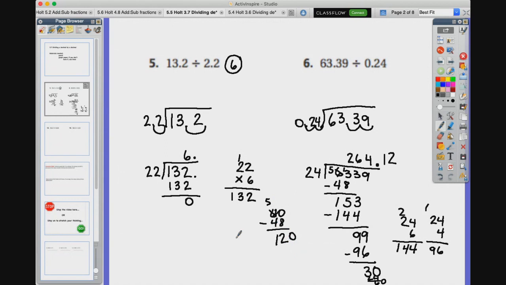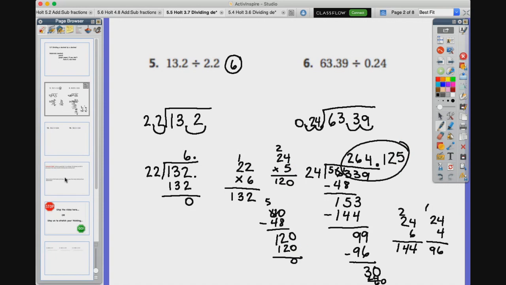Yeah, we'll try 5 times. So 24 times 5. 10 plus 2. Oh, look at that. There you go. So it goes in 5 times. And I'm done because I have no remainder left.